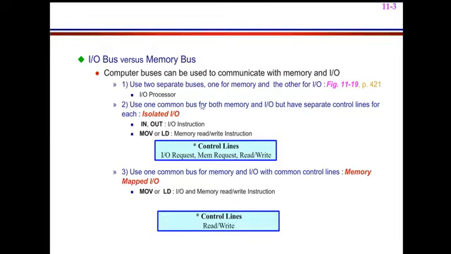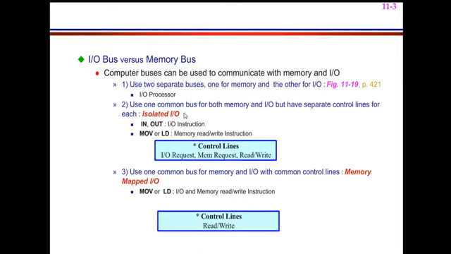What do you mean by isolated I/O? If I have two different address spaces for my memory and my devices, then it is known as isolated.